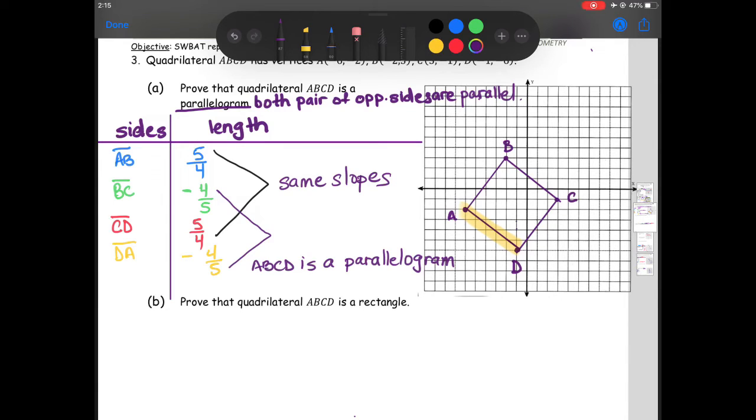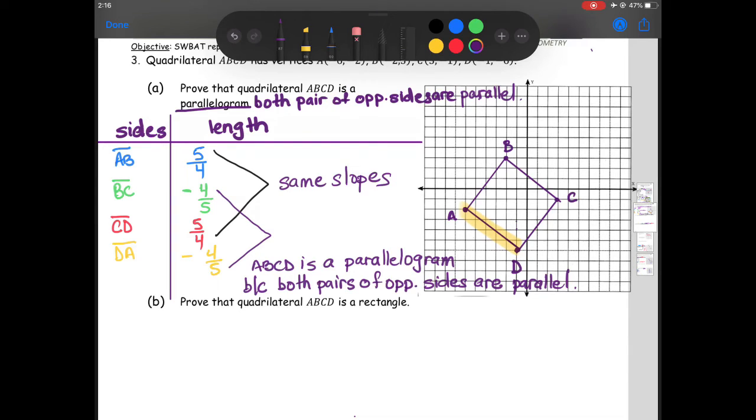ABCD is a parallelogram because both pairs, you have to prove both pairs, not one pair, both pairs of opposite sides are parallel, right?